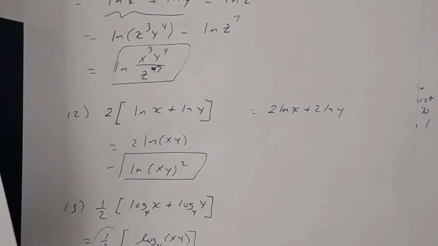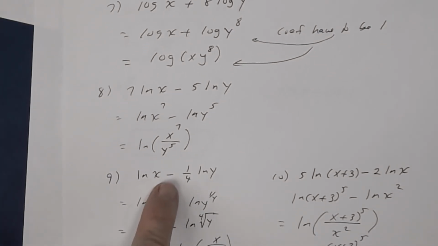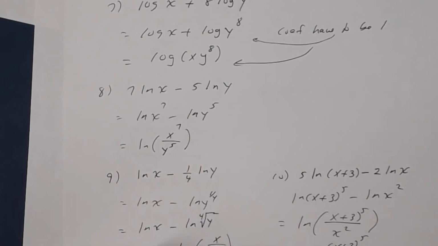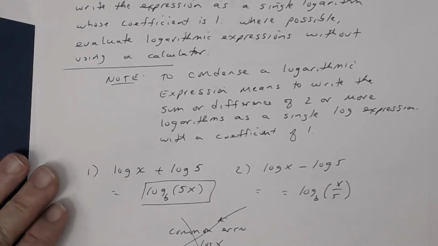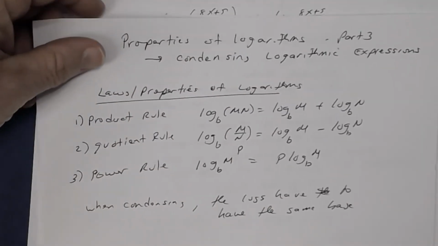And the other thing we saw was that before you can use the quotient rule or the product rule, these coefficients have to be 1. So you have to do the power rule first. All right, so go back over this lesson if you need to, but that should take care of part 3.